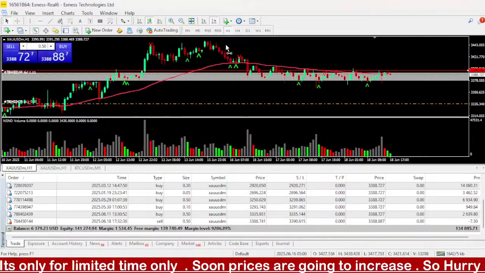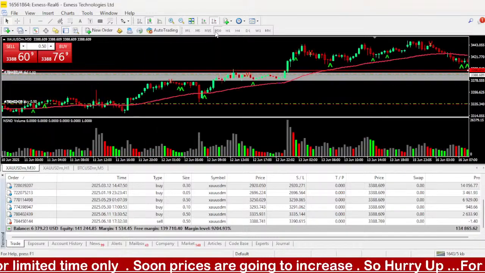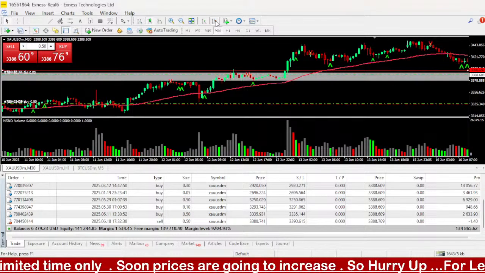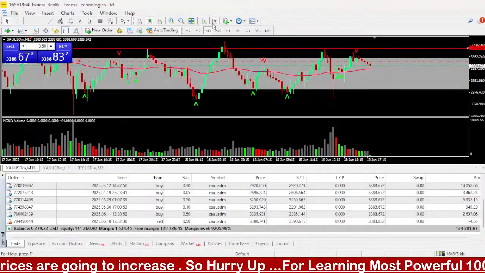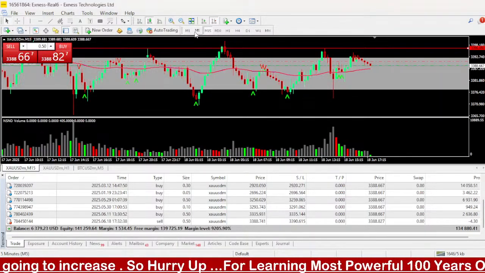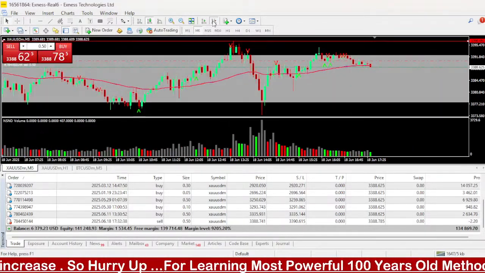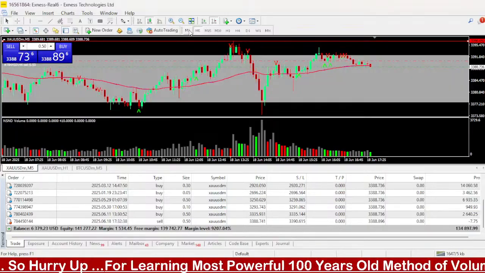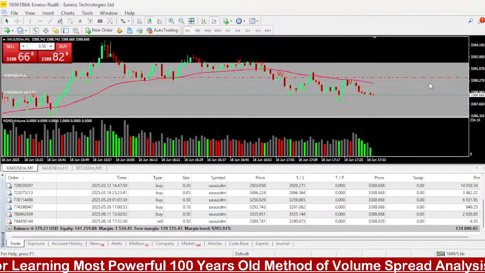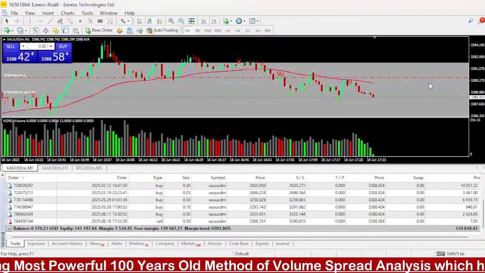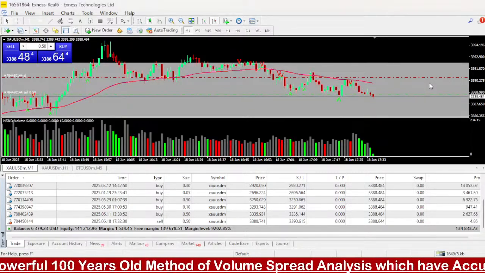It's a simple logic. If no demand is available in the higher time frame, like in 30-minute, no demand is available. In the 15-minute, no demand is available. In the 5-minute, two no demands are available, and in 1 minute if no demand is found, then of course we can go in this direction.